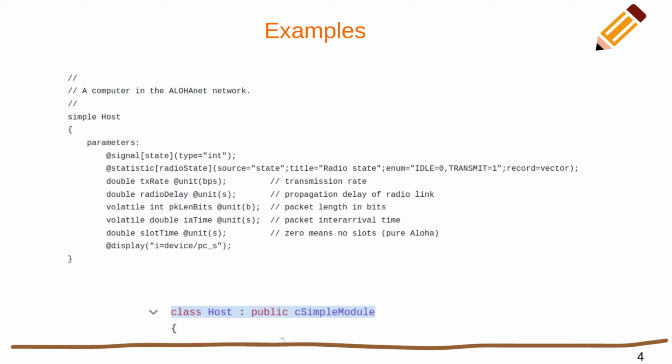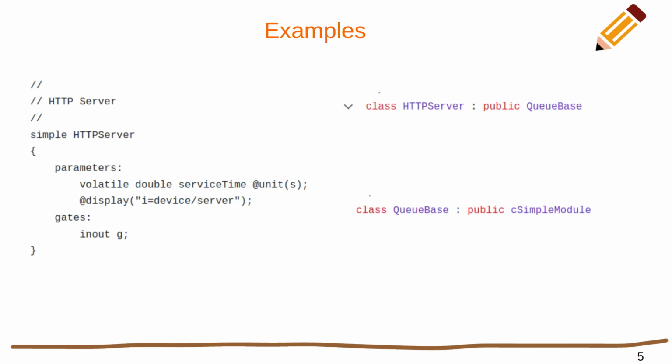cSimpleModule built-in class. Another example is the HTTP server from the same samples that come with OMNeT++. The HTTP server is represented as a simple module with parameters and so on.